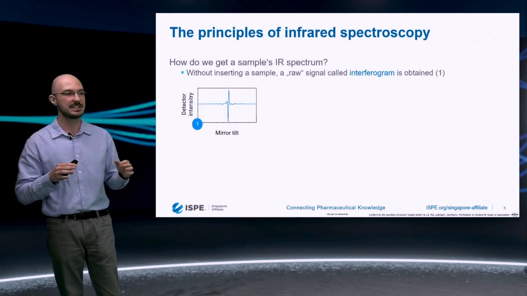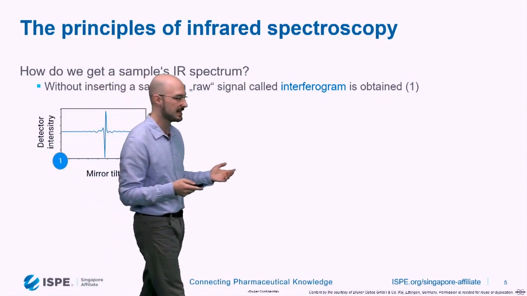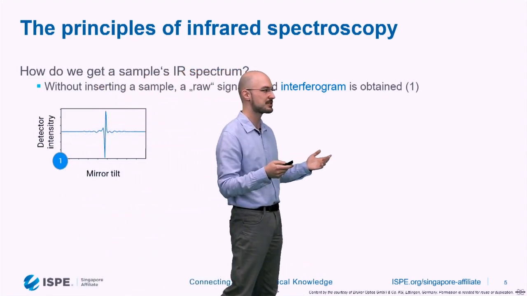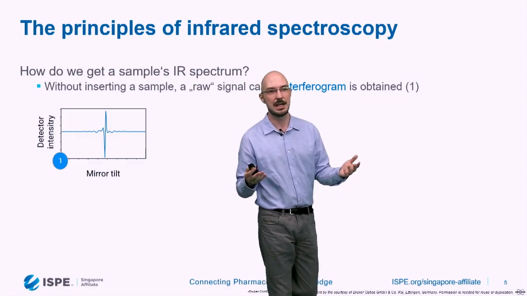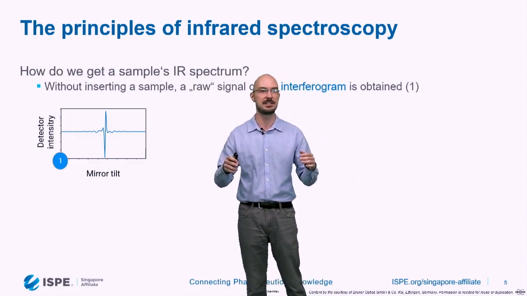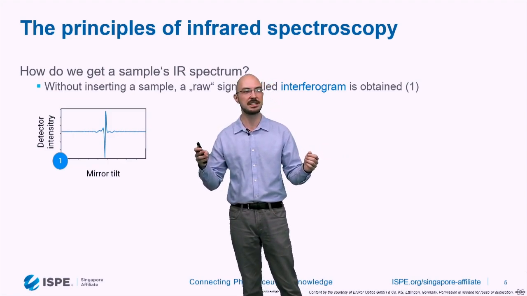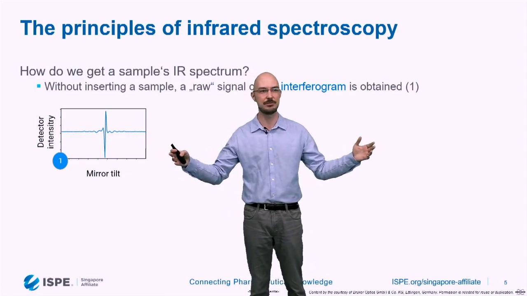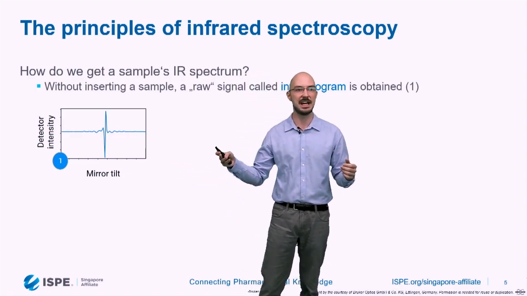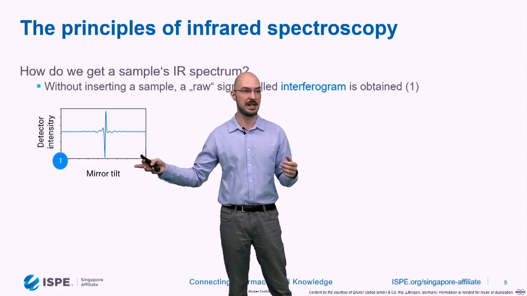Now the next part: I said FT-IR, meaning this infrared spectroscopy is not only normal infrared, but Fourier transformed. So we have an interferometer in the spectrometer, meaning that we gather all the infrared light and in the end do not have a spectrum, but rather a so-called interferogram.